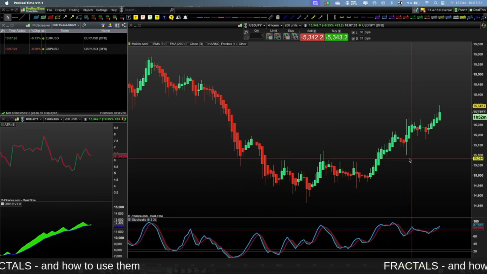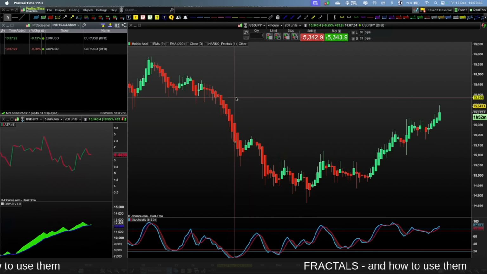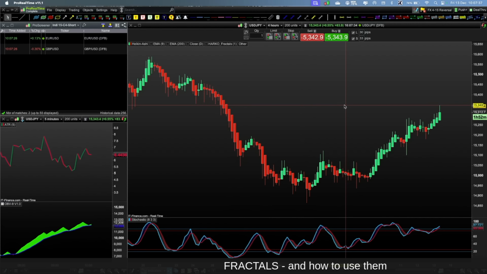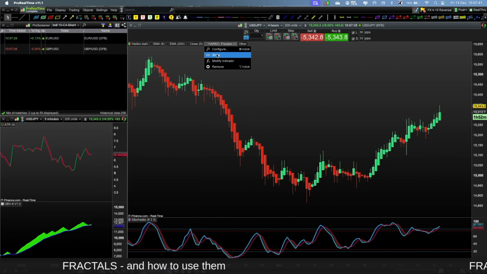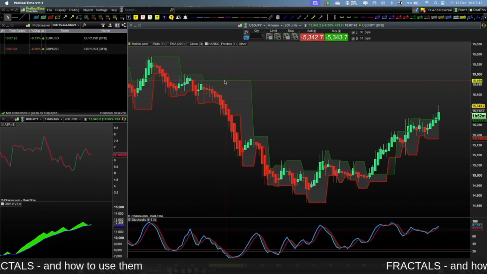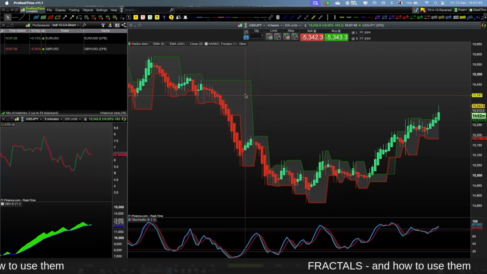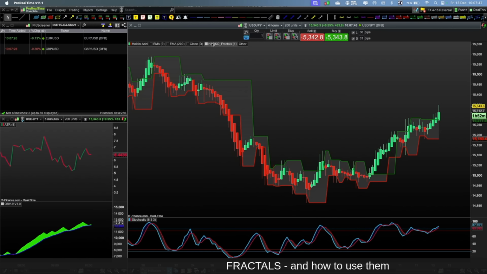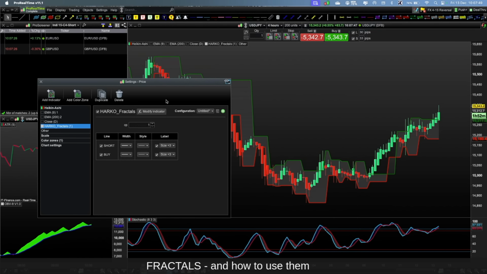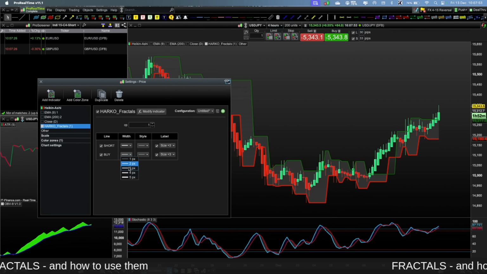So we have Heikin candles here, and the overlay I use on my chart, first of all, we want to put a fractal indicator in. So show the fractal indicator. As you can see, this is the fractal indicator. We can configure this, and we can make the lines a little bit bigger for the video. And there we go.